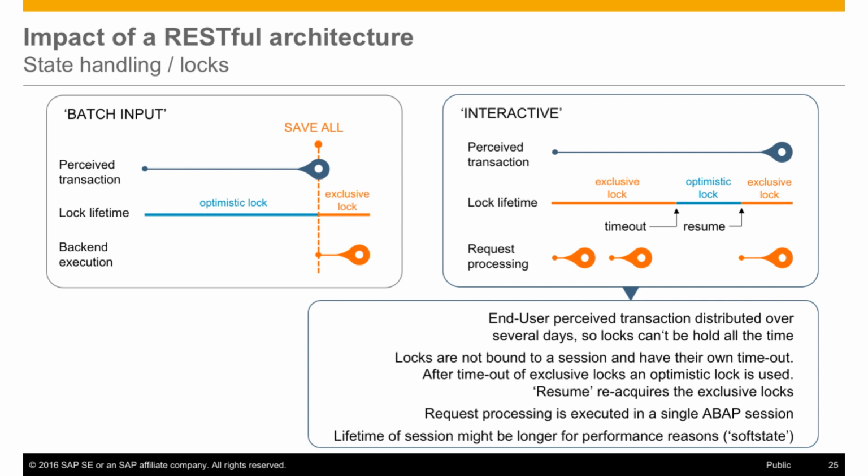But for a real transactional application, where I have to have exclusive logs in order to work properly, we need exclusive logs. And here, during my perceived transaction, from edit until save, we have several requests, as we just saw, in order to update the deltas. And during this phase, I obviously want to have, as an option of course, exclusive logs, so that my data is protected and nobody else can change it in the meanwhile, because it might take a while until I'm done.